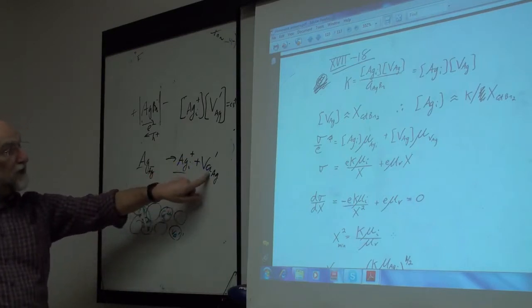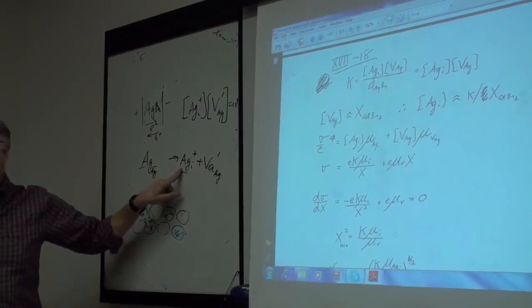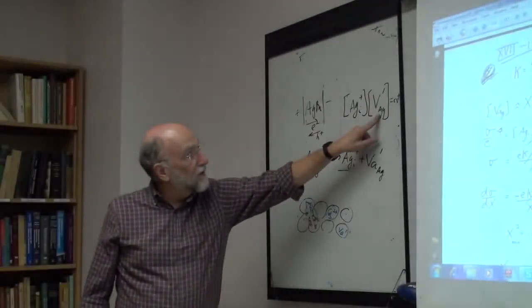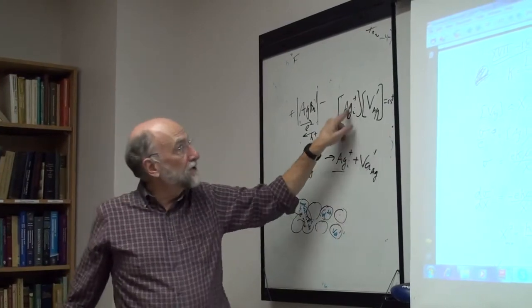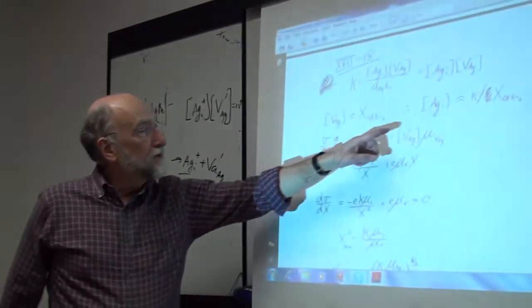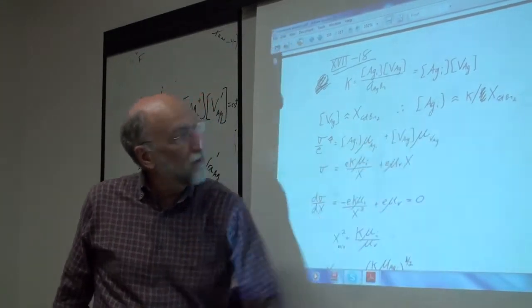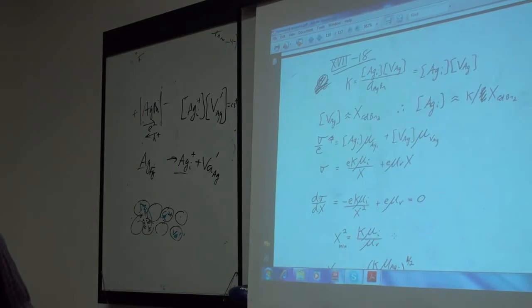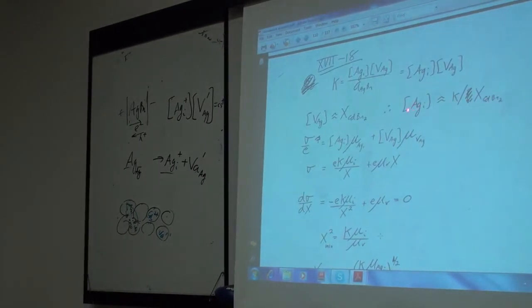So if you increase the concentration of vacancies, there are more vacancies for the silver interstitials to fall into, if you like. So you increase this concentration, you're going to lower this concentration. The product stays the same. So the concentration of the silver ions is equal to K divided by the mole fraction of cadmium bromide. As you increase the concentration of extrinsic defects, cadmium bromide, you decrease the concentration of silver.